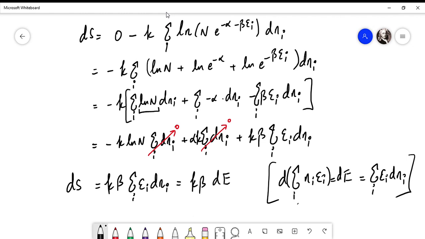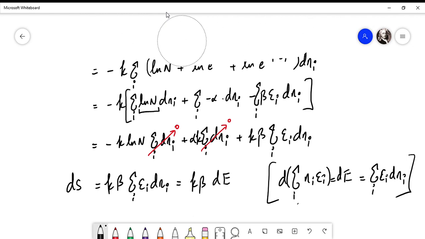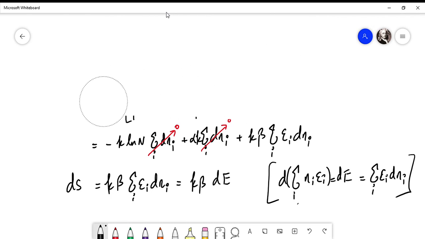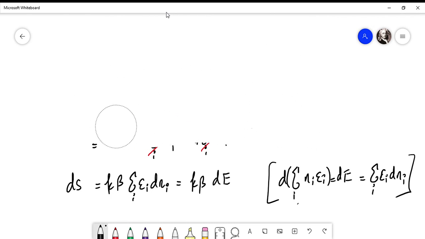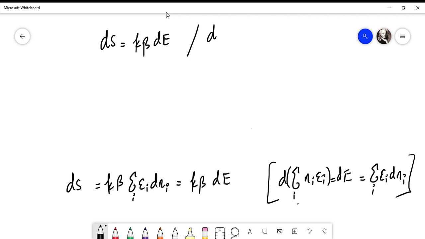Now what we do is basically compare the equations. So now we have two equations. ds as kb de, and from the first equation we also had ds as 1 over t de, right?